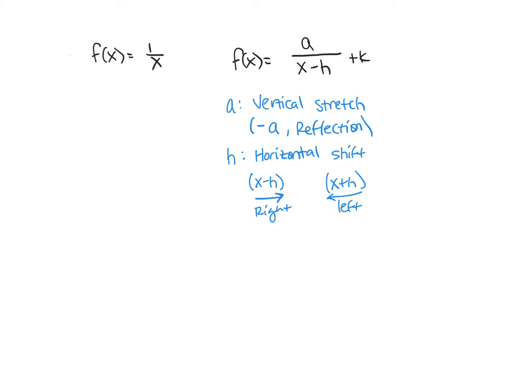And then lastly, we have k, which is a vertical shift. And if you have a positive k value, you're going to move up. If you have a negative k value, we're going to move down. So I'm hoping that all of these transformations are familiar to us, but maybe we're just starting it with a new function.